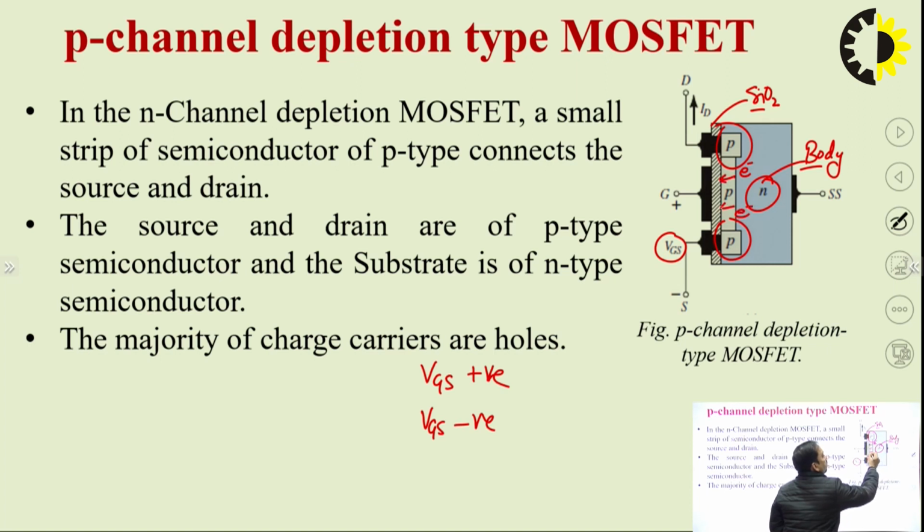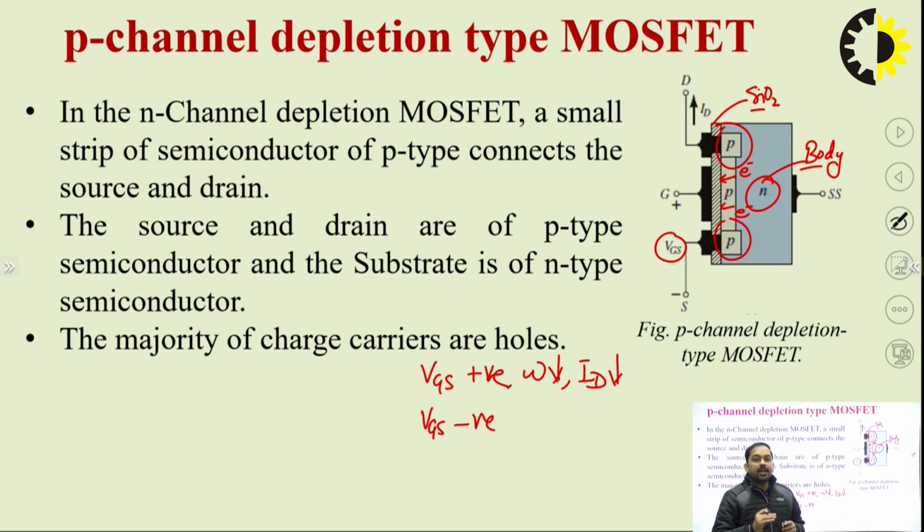Due to this, recombination happens in the channel area, and the number of free charge carriers, which are holes, becomes very small, and due to which the width of the channel reduces. And as the width of the channel reduces, the drain current ID reduces. So basically it explains the depletion mode.